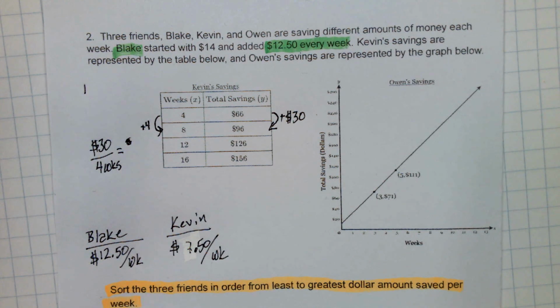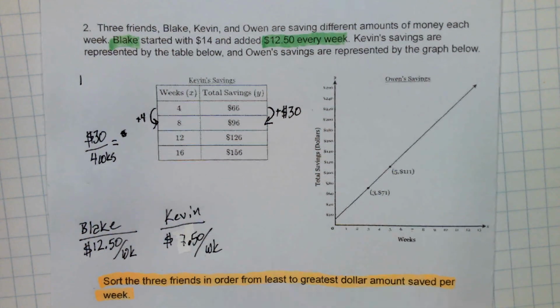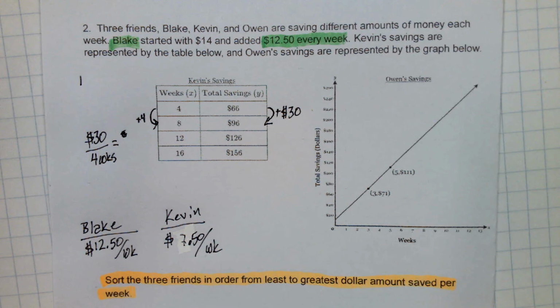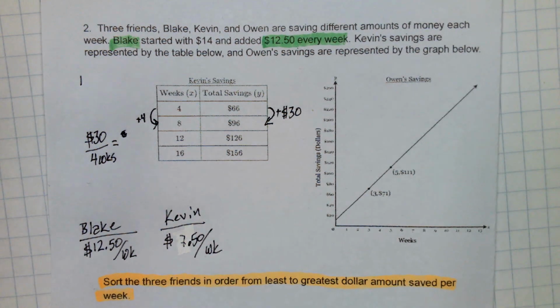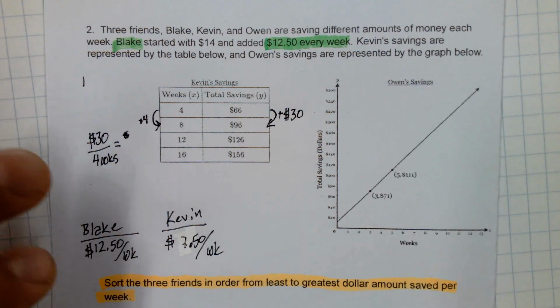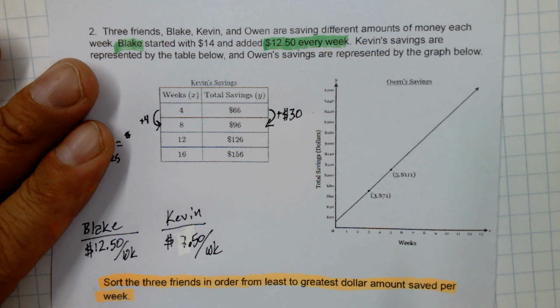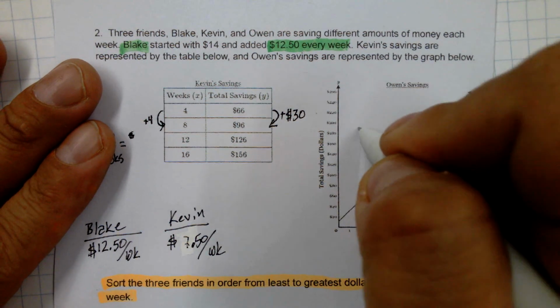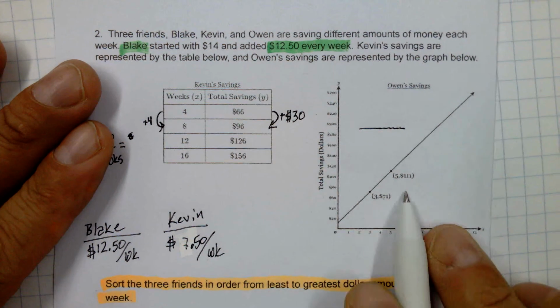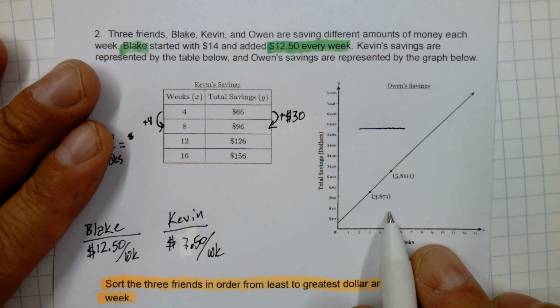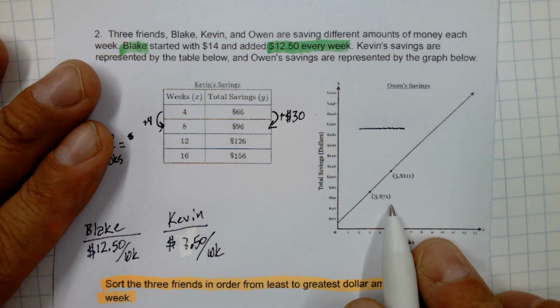We've got Owen. For Owen, they give us the graph. But we're going to do the same thing we did here, right? We're going to subtract and divide. So let's see. We want the dollars in the numerator. Think of it as finding the slope. So he went from what dollar amount?